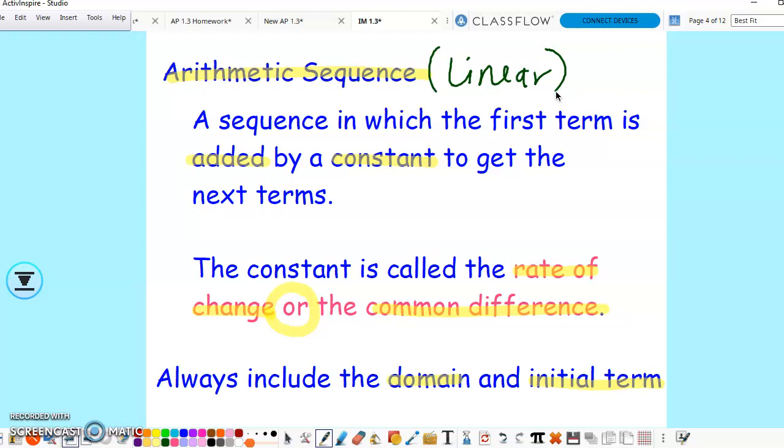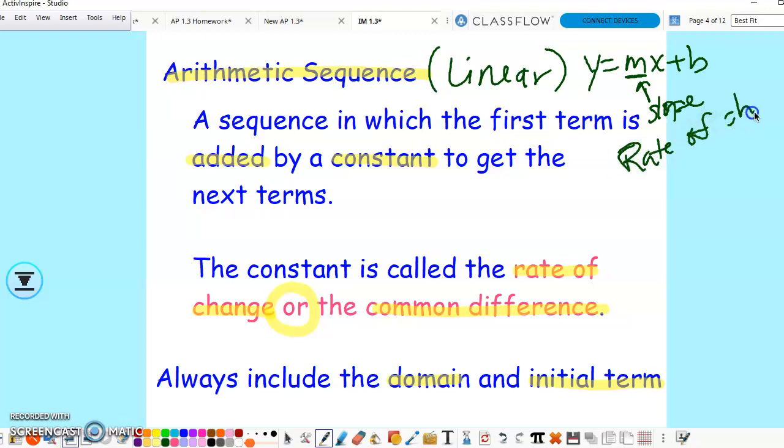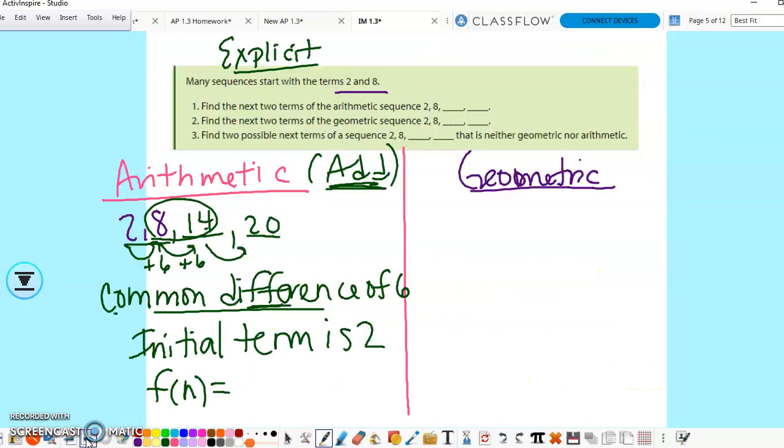So one of the things that might help you remember how to write a linear equation is y equals mx plus b, because remember, m is the slope, right? What's another word for slope? Rate of change, which notice that's our constant. That's what we're going to use in writing our equation.